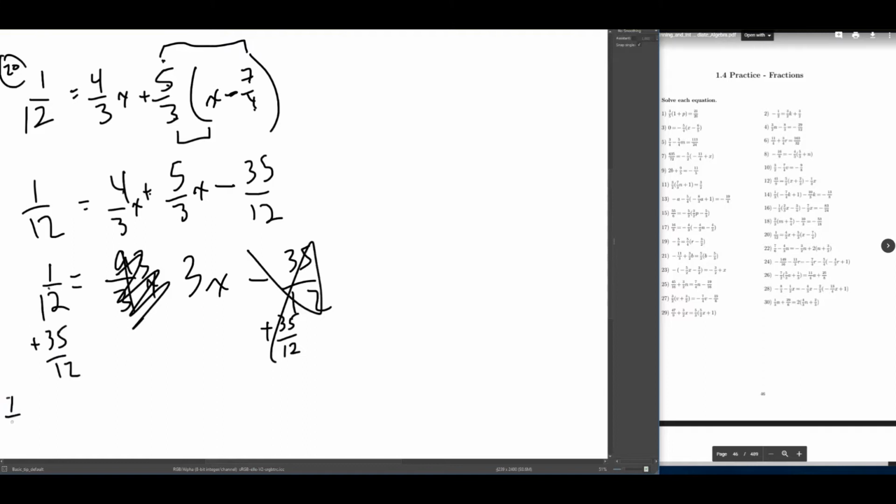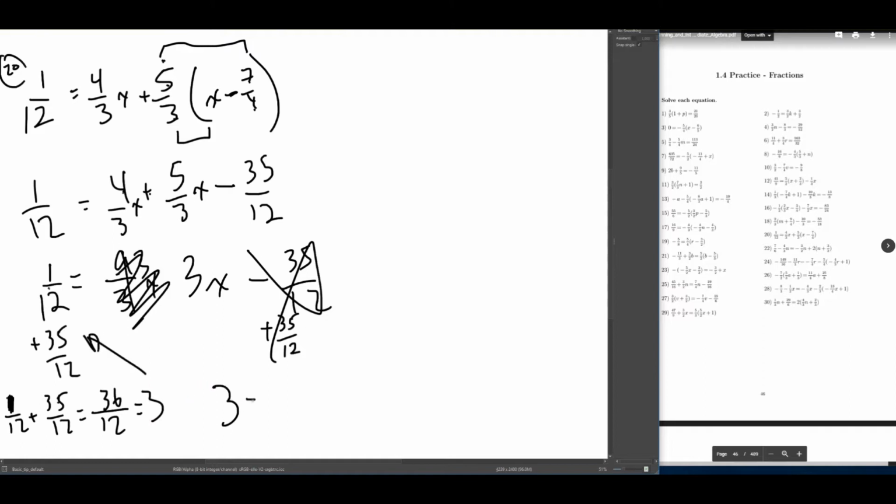So this cancels out. 1 over 12 plus 35 over 12. Anytime you add, you carry over the denominator. 1 plus 35 equals 36. 36 divided by 12 equals 3. So that is 3.